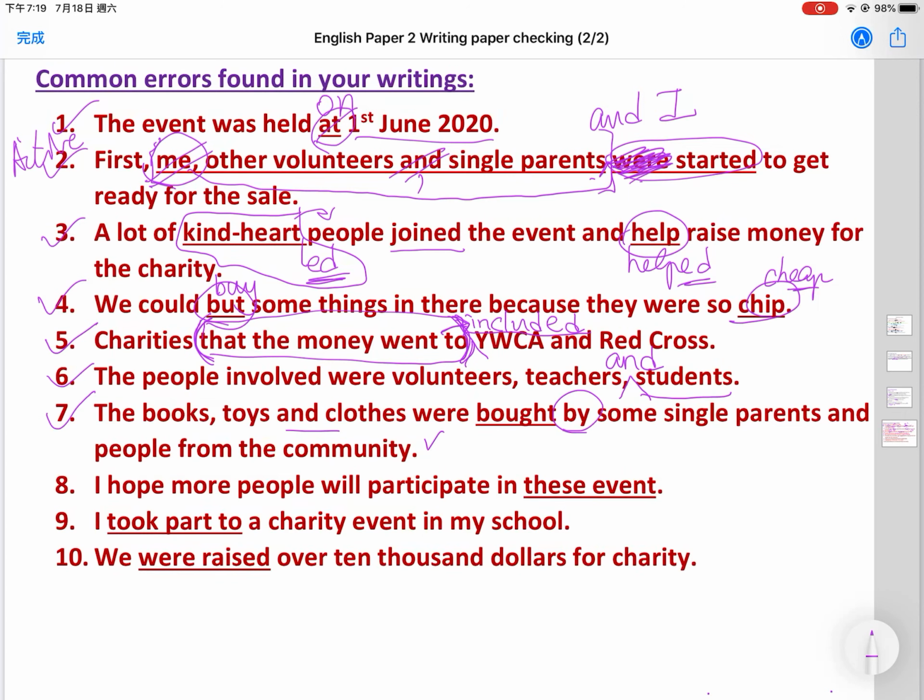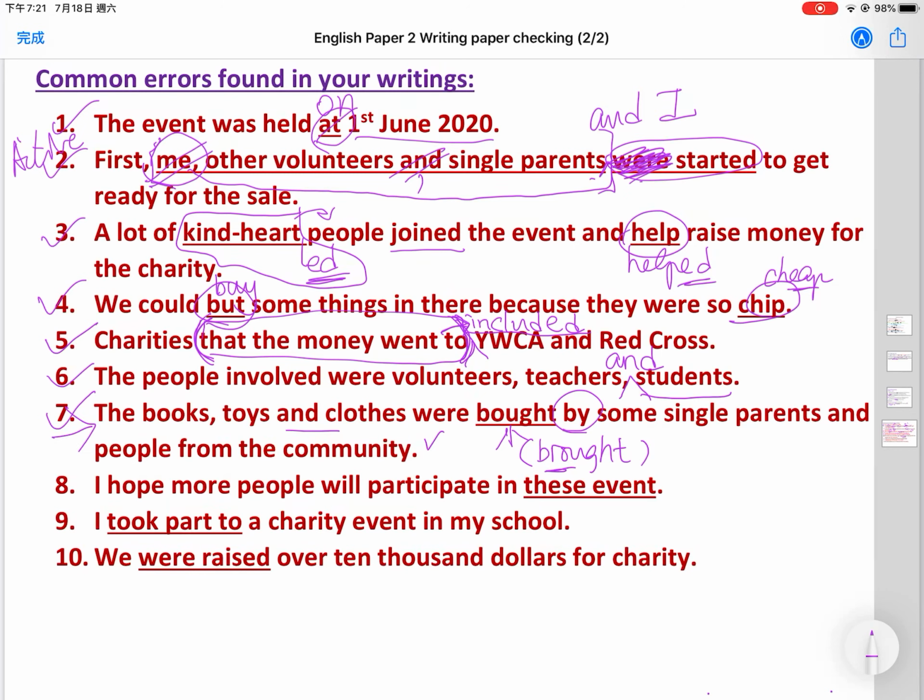But based on the original context, it was meant to say something like people brought the used books, toys, and secondhand clothes to sell. So just for the original context, I just want to say that this is a minor mistake.